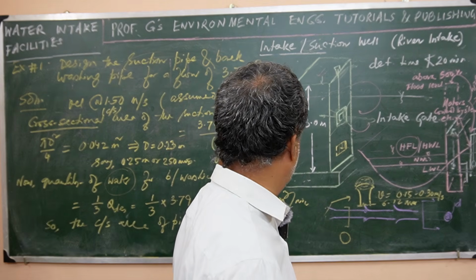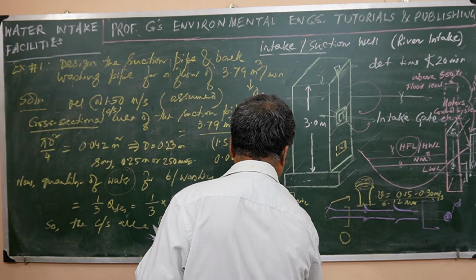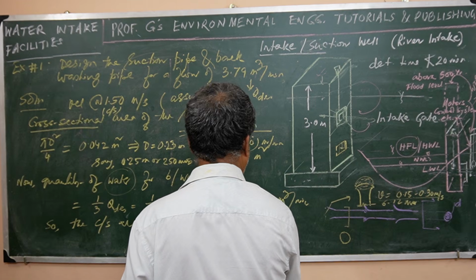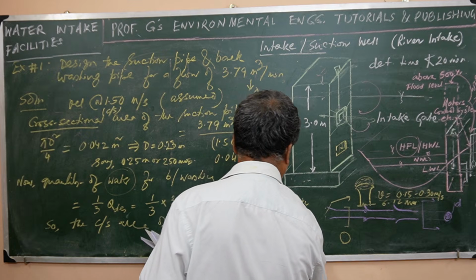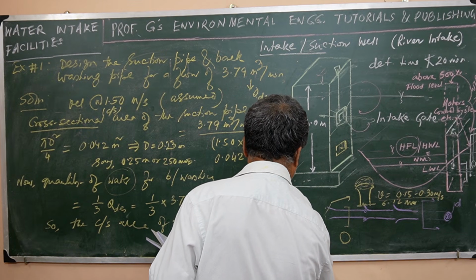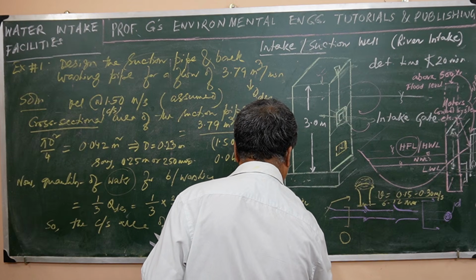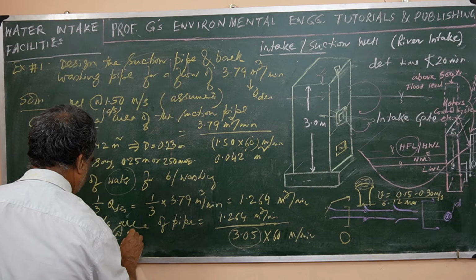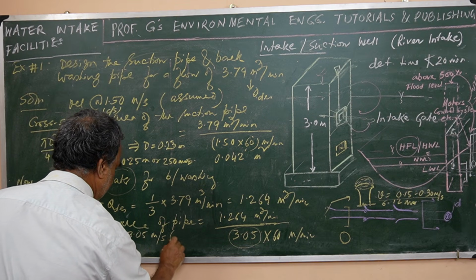That is why we have taken 3.05, that into 60. Roughly you can say 3.05 is 10 feet per second also. So this into 60 will make meter per minute, because this is 3.05 meter per second assumed.